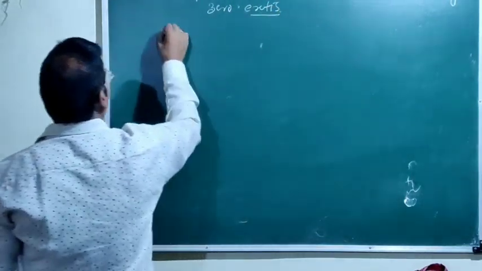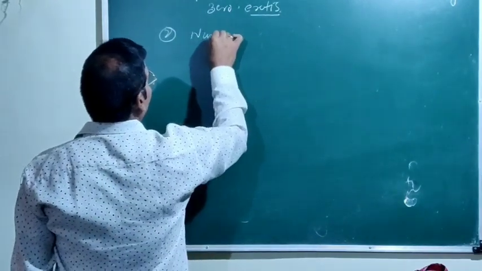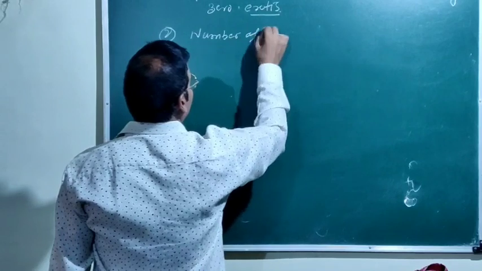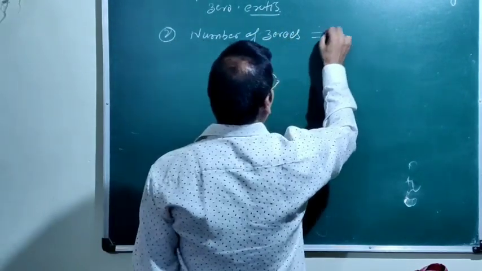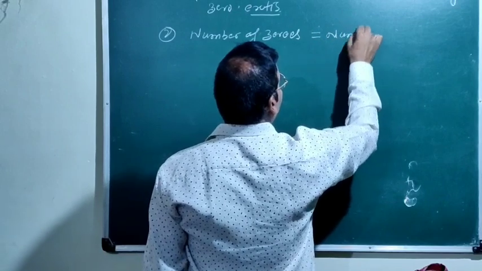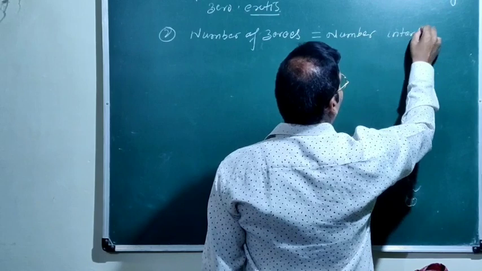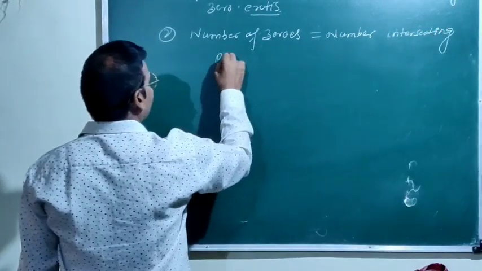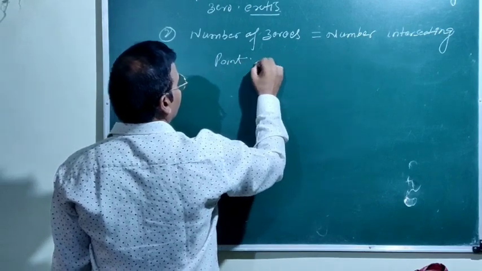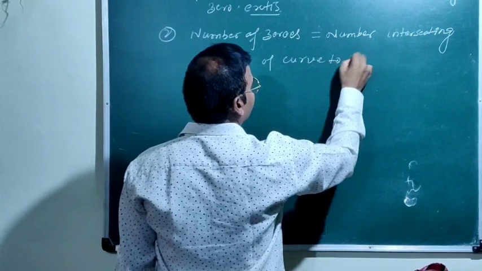Okay, second point: the number of zeros is equal to the number of intersecting points of the curve to the x-axis.